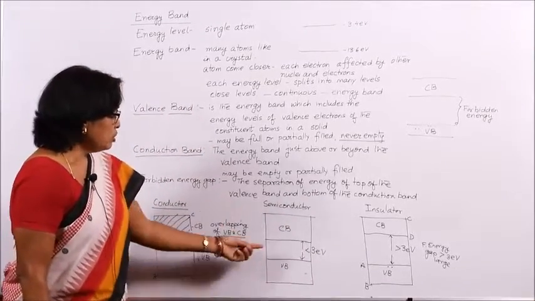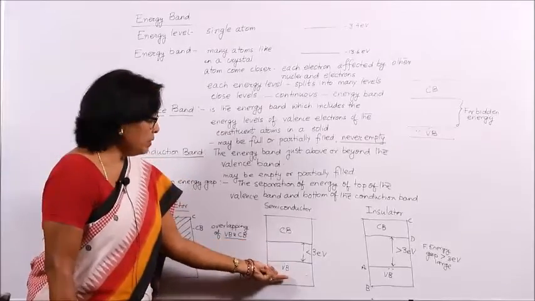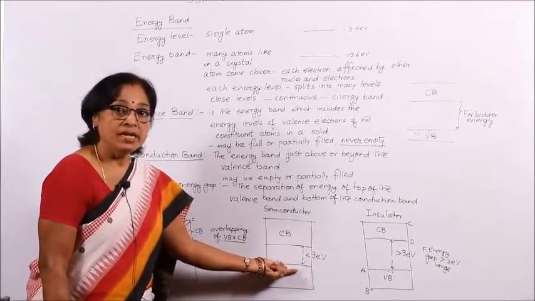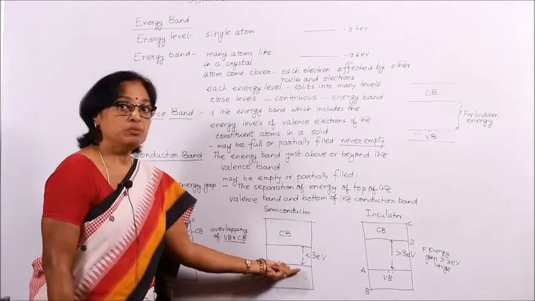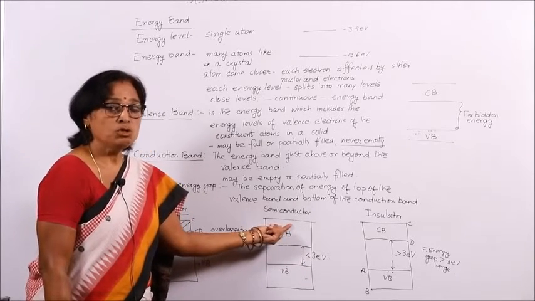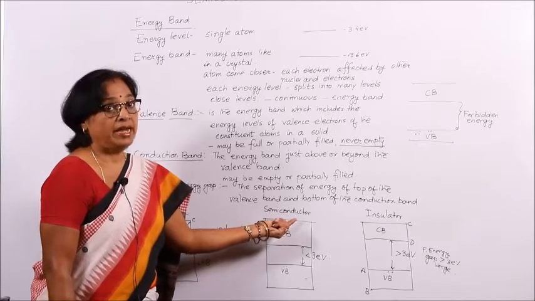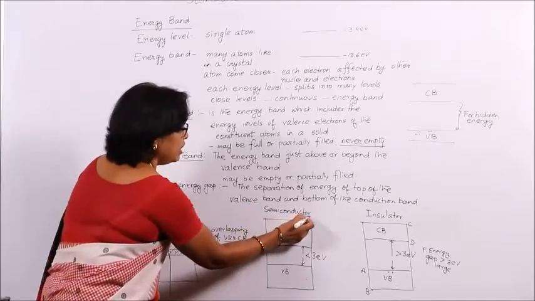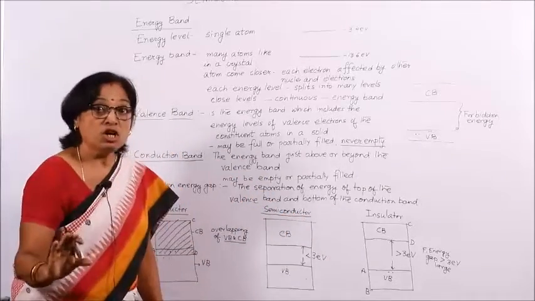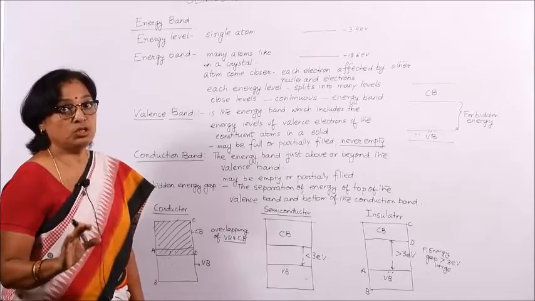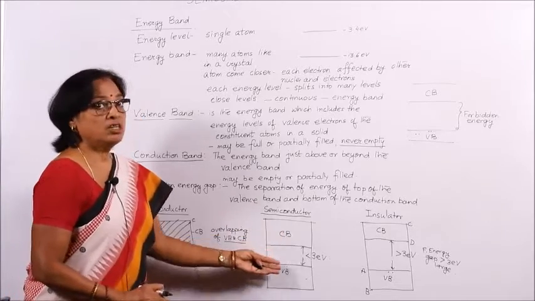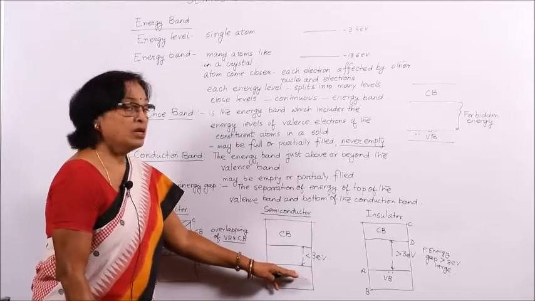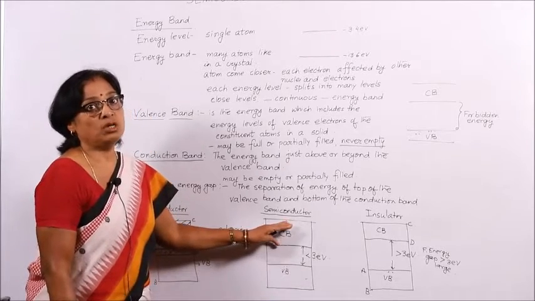Such a small energy, by some means we can supply to an electron, which will go from valence band to conduction band. Once it goes to the conduction band, it will be free, and once it is free, it can conduct. So this is how a semiconductor, even though it does not conduct at 0 K, can conduct if you can supply enough energy to transfer an electron from the valence band to the conduction band.